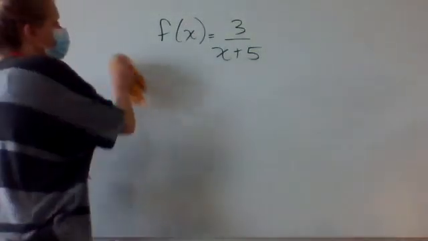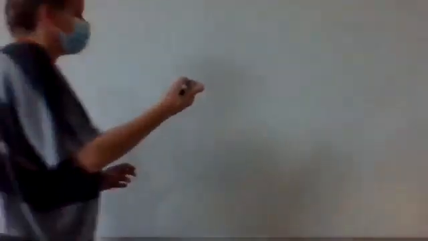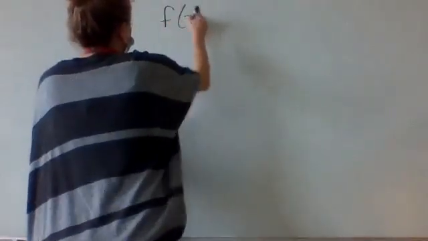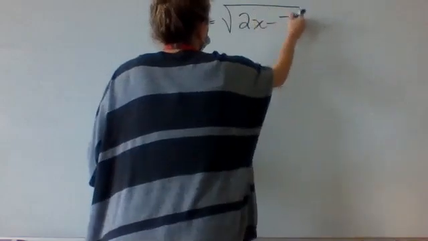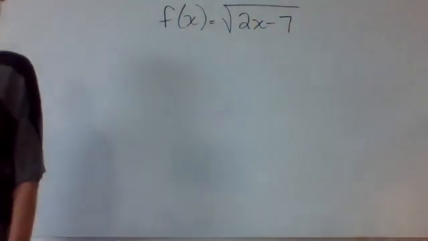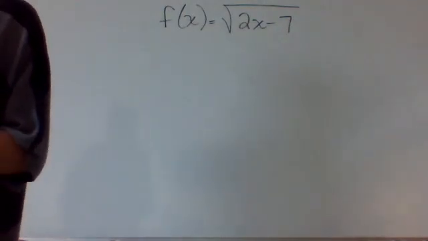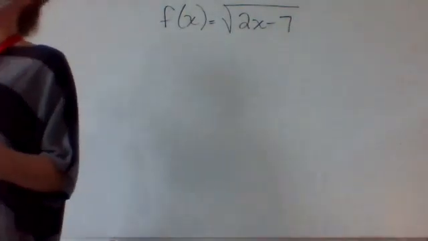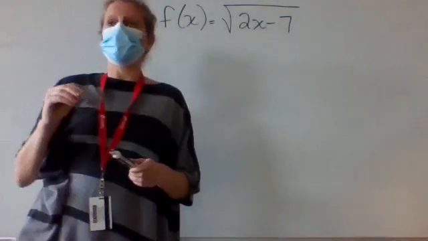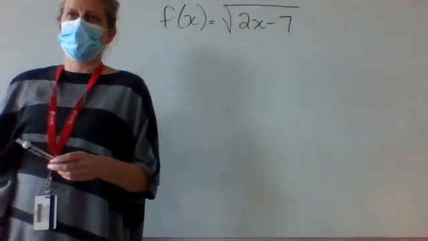Okay, now also when you have radical or square root functions like number 1, where you have f of x equals the square root of 2x minus 7, we're going to see another case where we have restrictions, okay? And the reason for that is you don't want what's underneath that square root symbol to be negative, right?